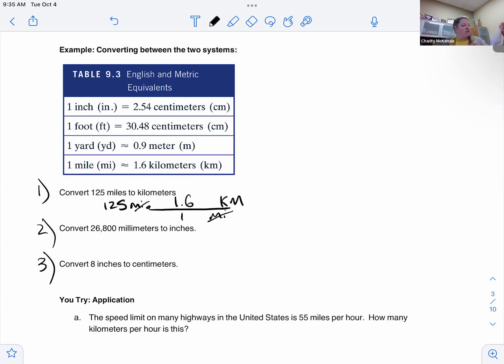I got my cheat sheet with the answer, so I have to get out my calculator. 200 even kilometers. Perfect. 1.6 times 125.